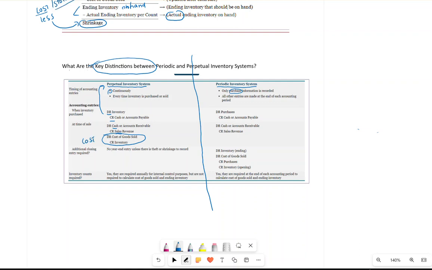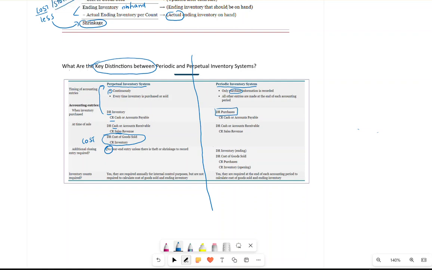And then at the end of the year, there is no adjusting entry. But if the company was using a periodic inventory system, there is an entry at the end of the year. Before you get to the end of the year, we don't update the inventory at the time you sell. So when you purchase an inventory, instead of going to the inventory account, it will go to your purchase account.